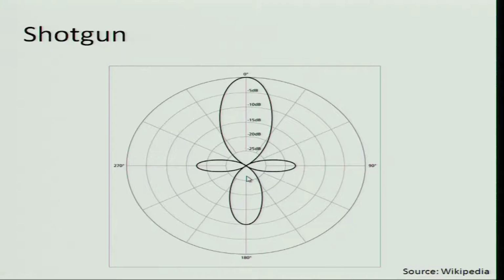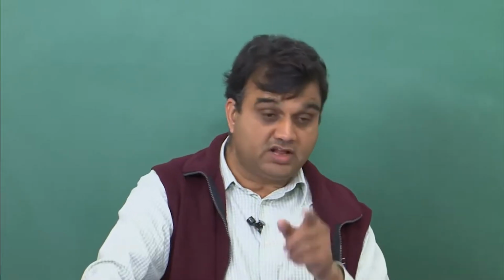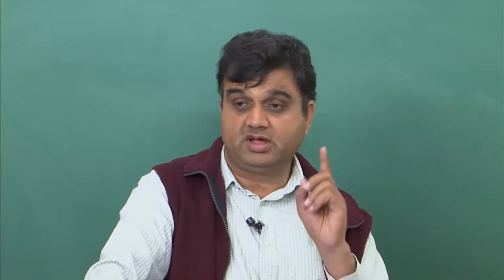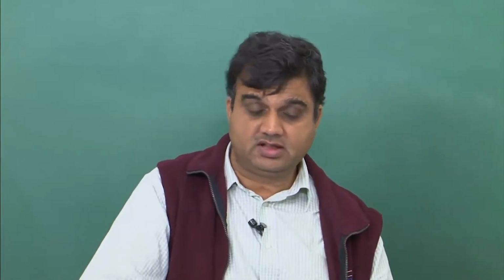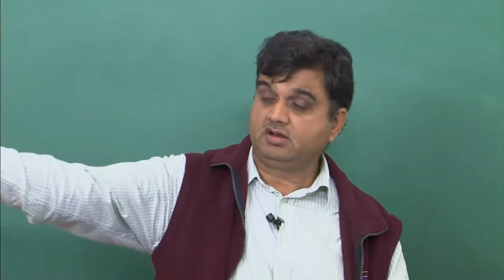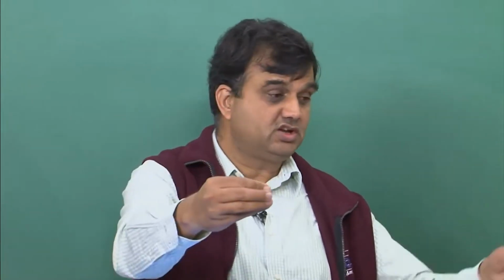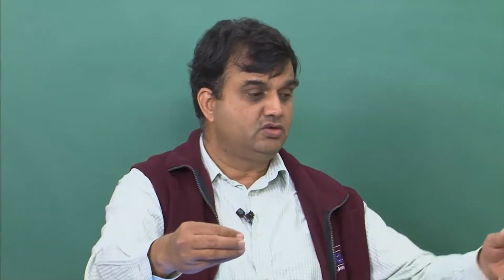This is a very extreme directivity characteristic, and people design these because suppose you are interested only in measuring sound from the front and you don't want the sound coming from the back side. For instance, suppose you have a train coming from this direction and you are on a track, you are not interested in sound coming from the back side.